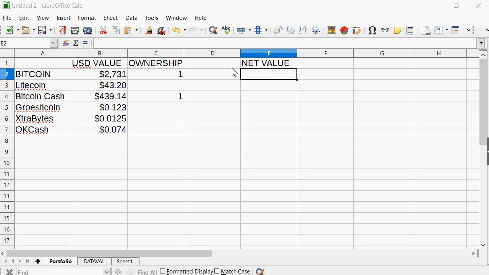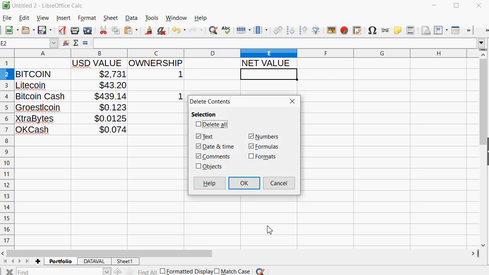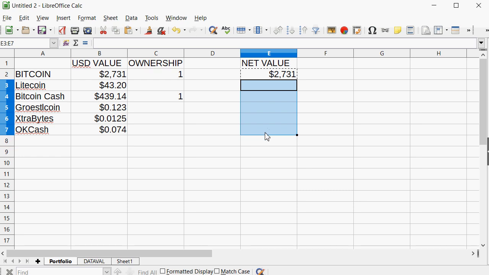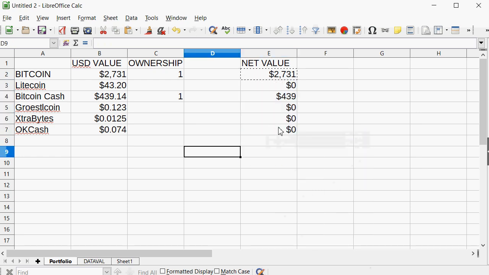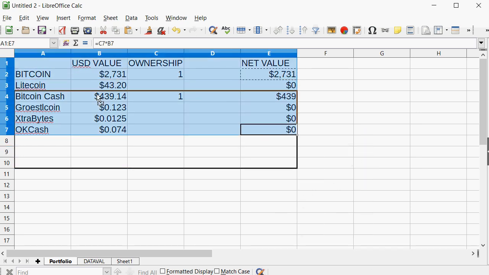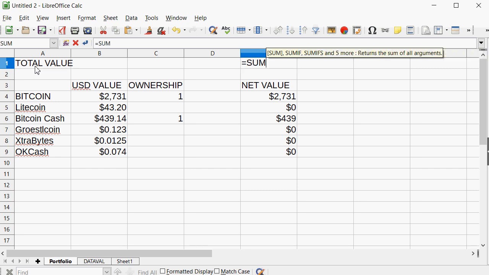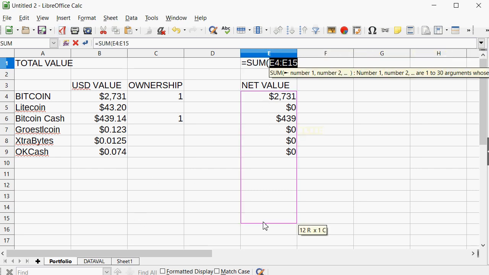This would be equals this multiply this. And I'm just going to highlight this and move this down a couple rows because I want to put the total value here. I'm just going to put the sum of this.